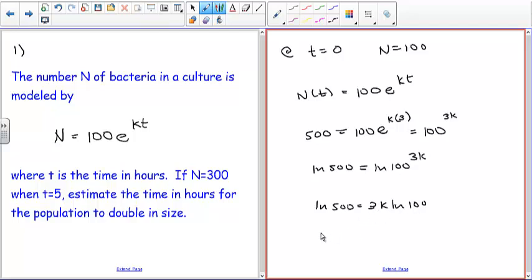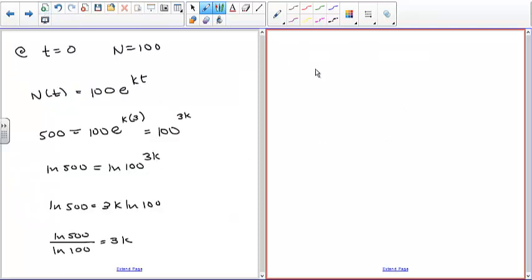If we divide both sides by the natural log of 100, we'll get 3k. And then we divide both sides by 3, so we'll have the natural log of 500 divided by 3 times the natural log of 100. And now we can plug that into our calculator.